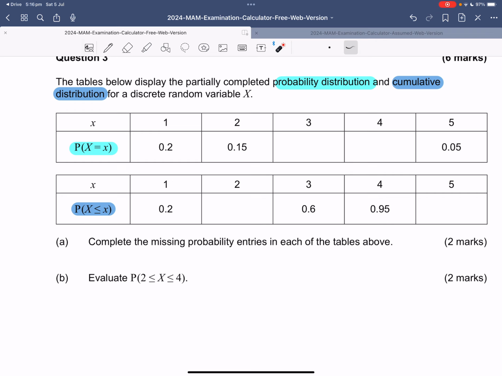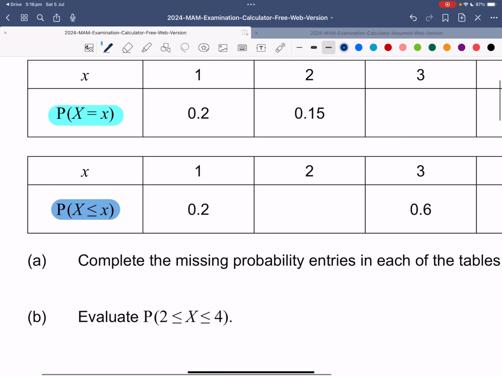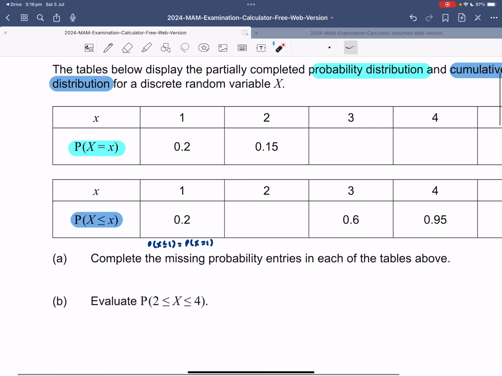So, okay, we can start off with this. You can clearly see that these two probabilities are the same, because the probability that x is less than or equal to 1 should be the same as the probability that x is 1. Now, you can see the probability that x equals 2 is 0.15.